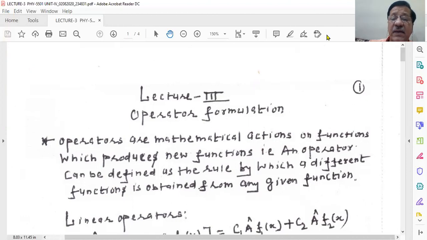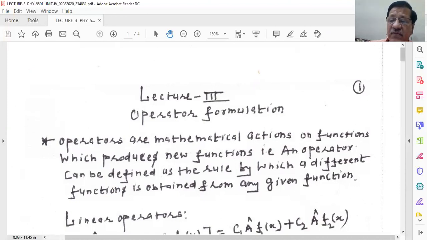Operators are basically mathematical actions on functions which produce new functions. They are defined as a rule by which a different function is obtained from any given function.